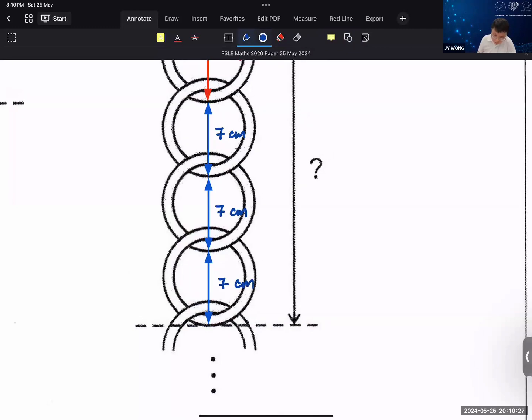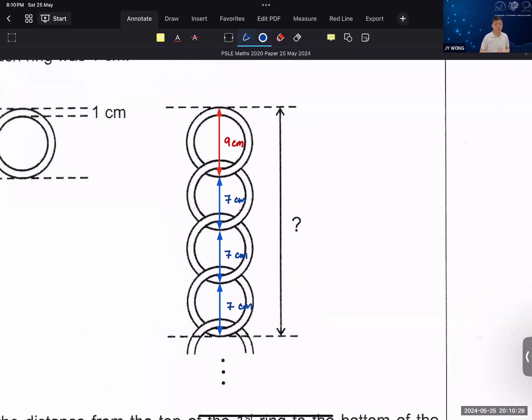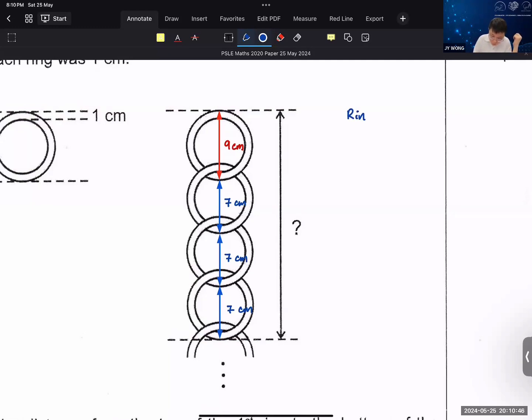Do you see why this is a number pattern question now? What kind of pattern is this? This is your constant increase pattern. After the first pattern, if I were to draw out a table to represent the information, I'm not saying you must draw out a table. I'm just showing you that it's a number pattern.